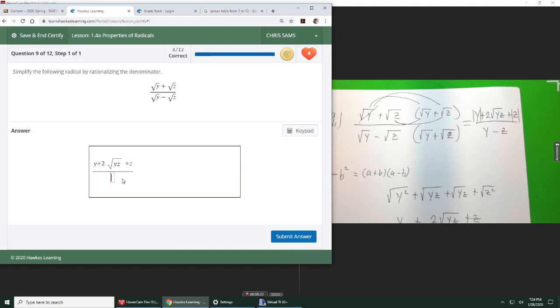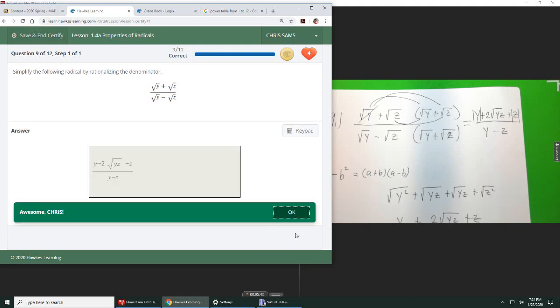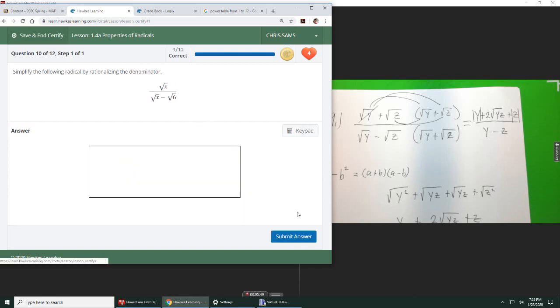And then on the bottom we had y minus z. So now if it tells me it's wrong, it's because I didn't put absolute value bars, and I'm just trying to check to see what happened. Okay, it took it, actually. But most of the time you need them. This was probably a different type of problem, since we're focusing on rationalizing instead of the square root property.